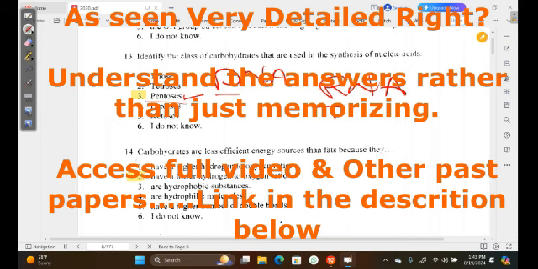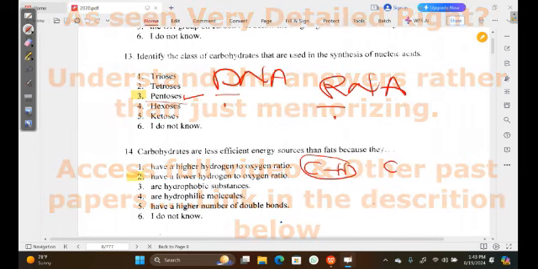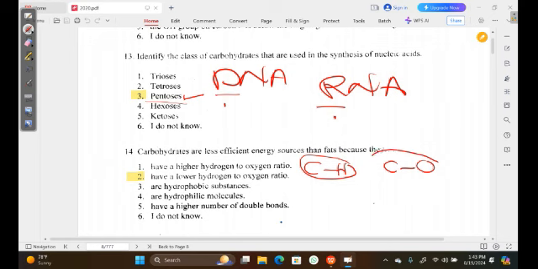Question 14 reads, carbohydrates are less efficient energy sources than fats because they. So here, what we need to know first of all is that this bond has potential to store energy efficiently. Compared to this, yes, it can store energy, but it's not very efficient.